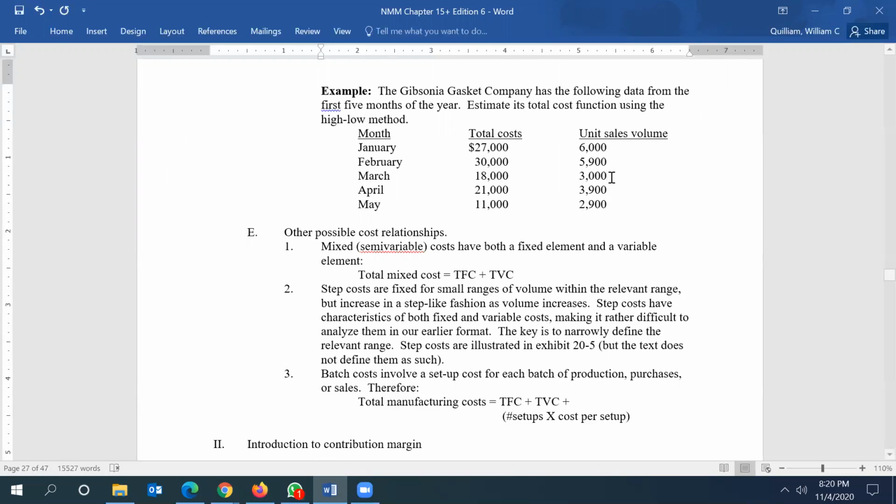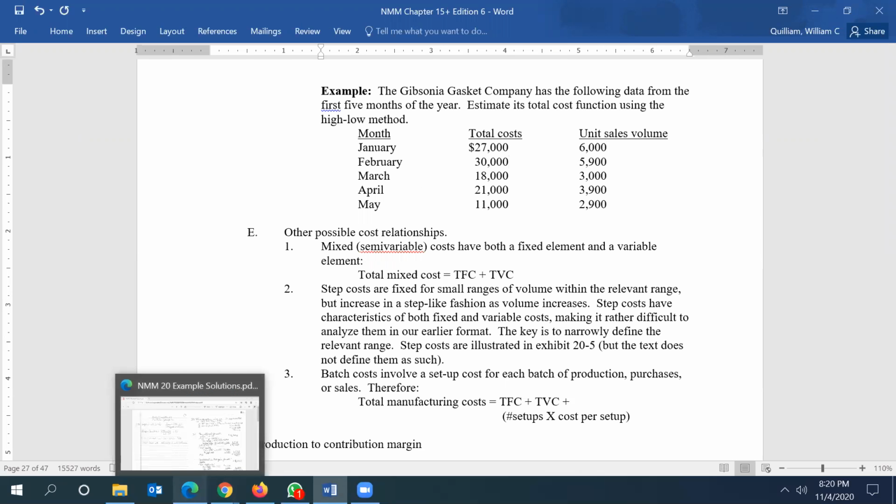So again, notice I went for the low of unit sales volume as well as the high. I'm just going to consider these 2 points and fit a line between the two of them. Make sure that you do not go for the high of total cost. That's the dependent variable. You don't want to do that. You want to go for the high of the independent variable, which is unit sales volume. I threw February in there deliberately to illustrate that point.